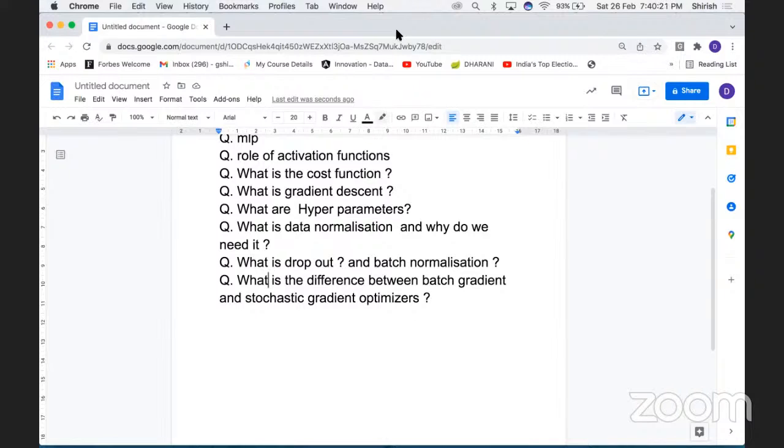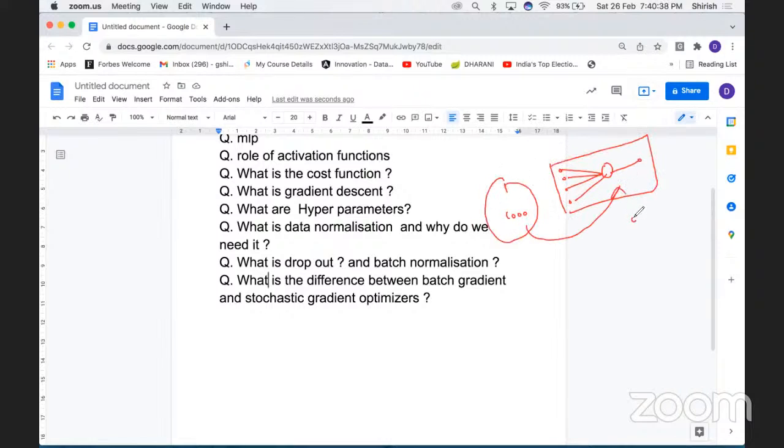So what happens in batch gradient descent? See here, if you have 1000 data points, you pass these 1000 data points through this network once. All of these are passed through the network once. It is called one epoch.